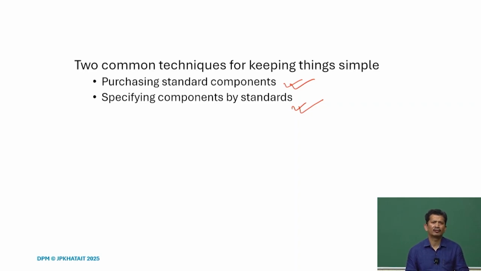A very good example of this is screw threads. We do not always make screw threads, we just state what kind of screw threads are there. Another is bearings. We only select bearings based on our requirements, the life, the dynamic loading, and the loading conditions we have. Bearings are made by manufacturers using standards.